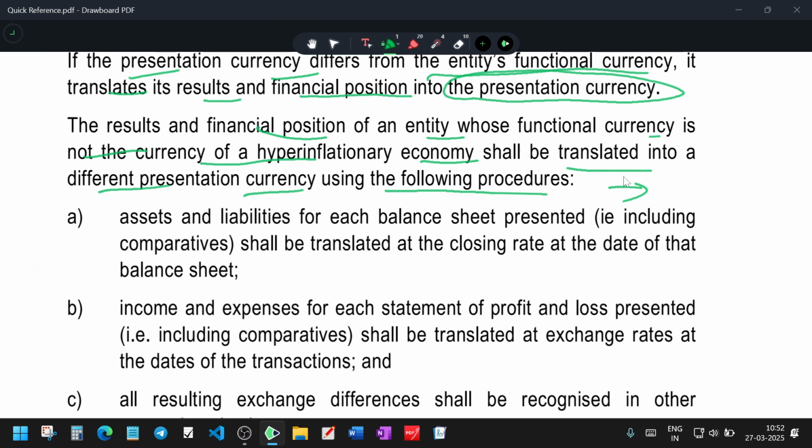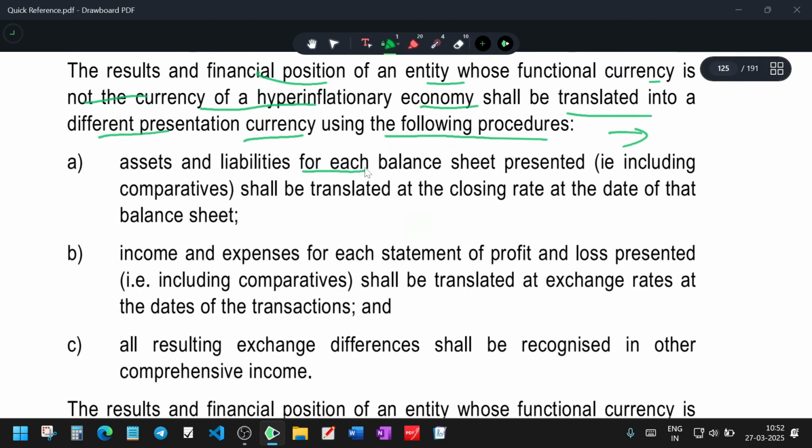There is a great change in the economy, so it is not possible to determine the price. Then what do you do? Assets and liabilities of each balance sheet presented, including comparatives, shall be translated at the closing rate on the date of the balance sheet. So on the closing date, whatever the rate is, as per that rate all the items of the balance sheet are to be translated.